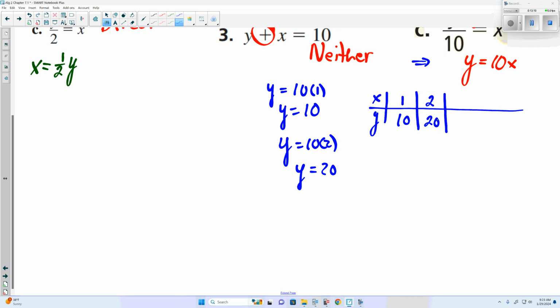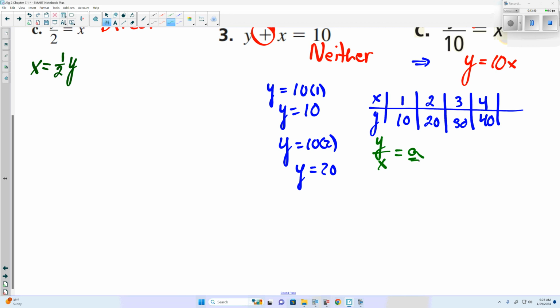And we could keep doing this. For 3, it would be 30. 4, it would be 40. And we can keep going on, yes? So here, we get the same amount. Now, we also said direct was y over x is equal to A, yes? And it gives us that constant amount. The constant amount's by itself.